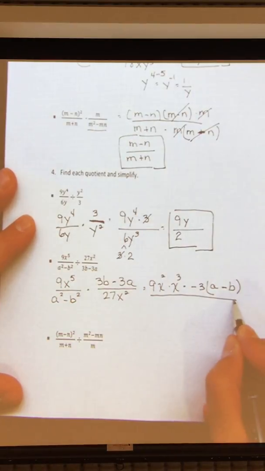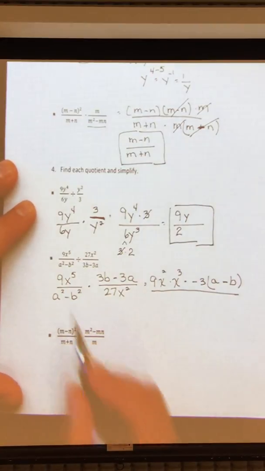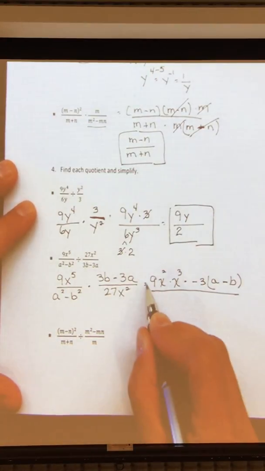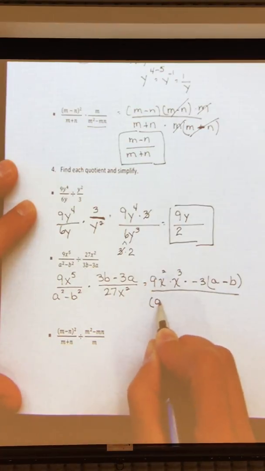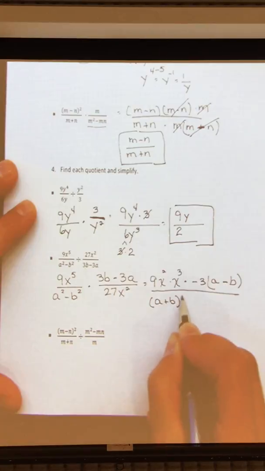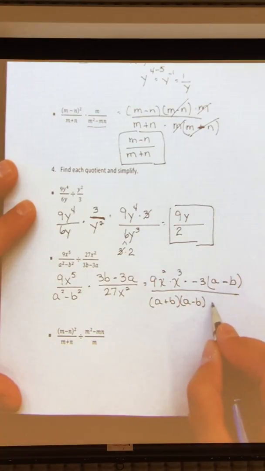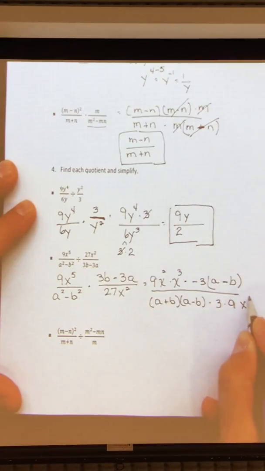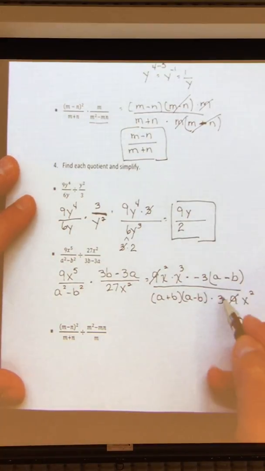So we can cancel out the a minus b in the denominator. And the a squared minus b squared is a special product rule, which is a plus b times a minus b. And then times 27, you can simplify it as 3 times 9x squared. And here we can cancel out the 9's. We can cancel out the 3.